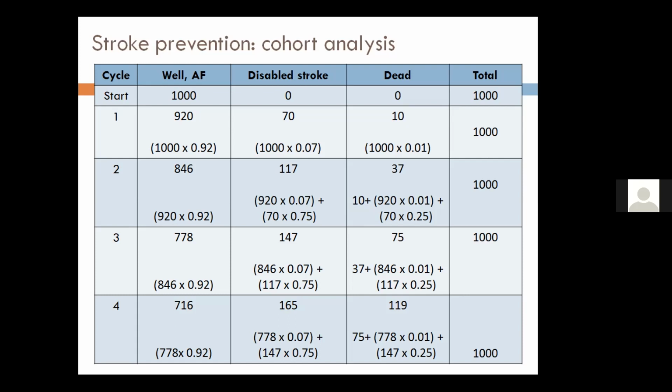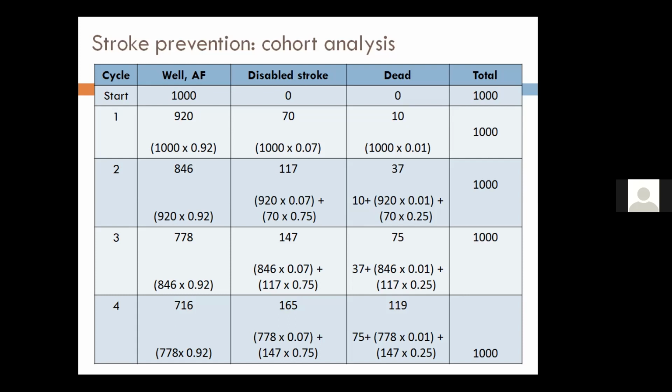You just have to look at the matrix and try to understand what is going on here. For the well part, you just constantly multiply by the same probability. The total will always remain the same because it is the same cohort.